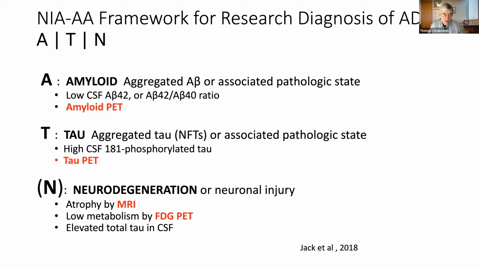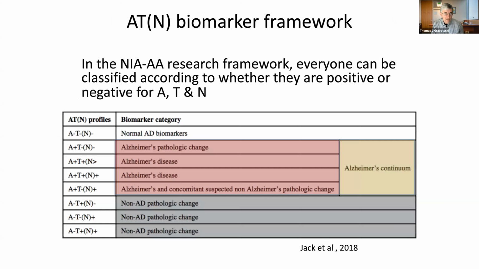Plasma tau is coming on quickly, and tau PET scanning has a great future, and we'll talk about that. And then neurodegeneration, which you can get at primarily using MRI markers of atrophy or hippocampal degeneration, but also has been thought of in terms of metabolic markers like FDG PET, or fluid markers like neurofilament light, which figures prominently in thinking about fluid markers of degeneration.